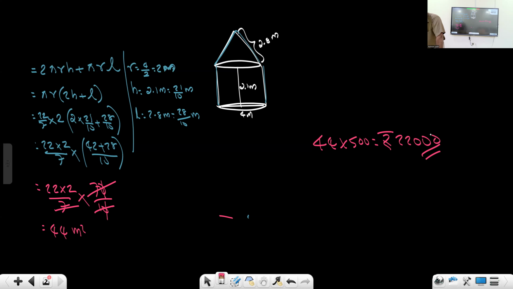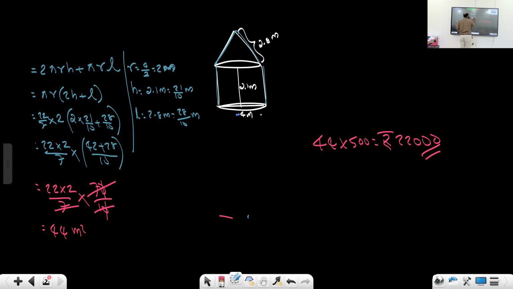The lower part of the tent is cylindrical, base radius 2.8, height 3.5, and the conical upper part has the same radius, height 2.1. Read the question carefully. Canvas used costs 120 per meter square, find the amount. Similar question only, what is changed? You read, height 2.1 only. But the lower part is a cylindrical base of radius 2.8 meter.